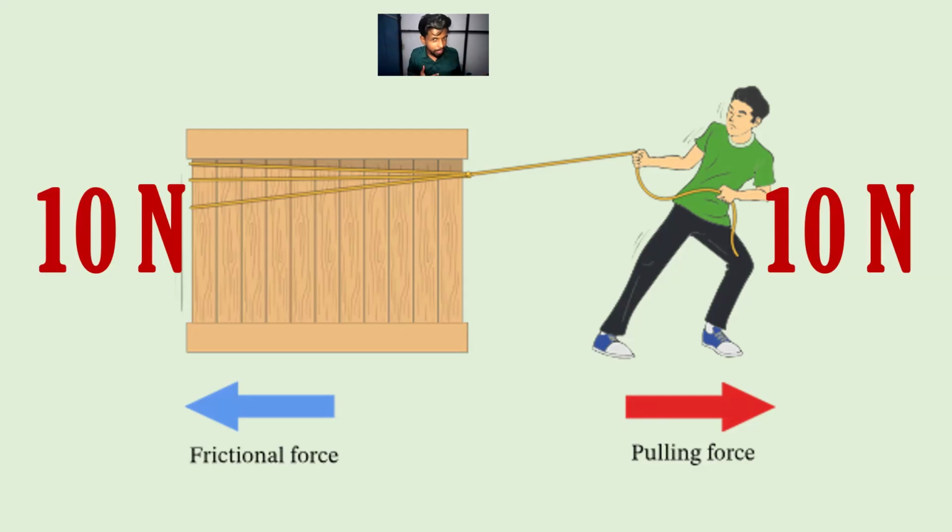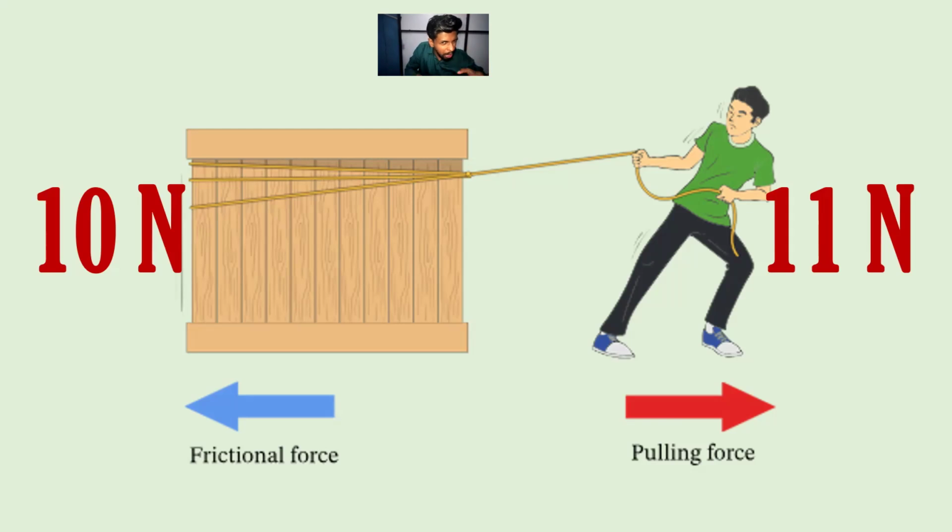So now I'm going to apply 11 Newton. If I am applying 11 Newton, the frictional force cannot give 11 Newton, because the maximum frictional force, the maximum force that the surface can apply, is 10 Newton. Beyond that limit, the surface cannot give the force.